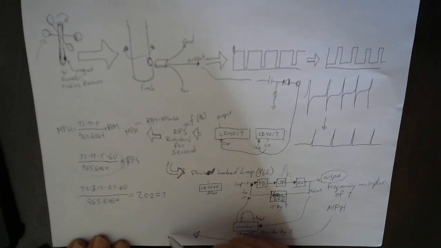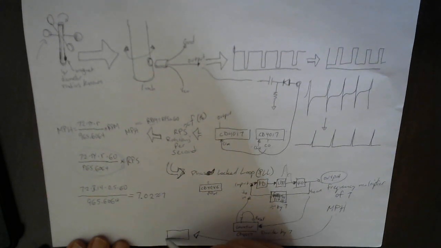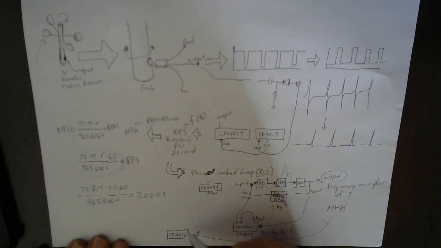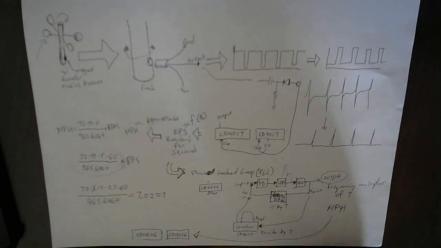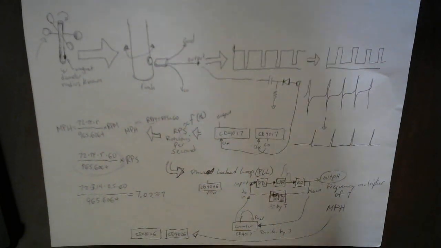And so what we do with this value is we're going to put it through a CD4026. We'll probably use 2 of them so we can get double digits. CD4026 is basically another type of counter.